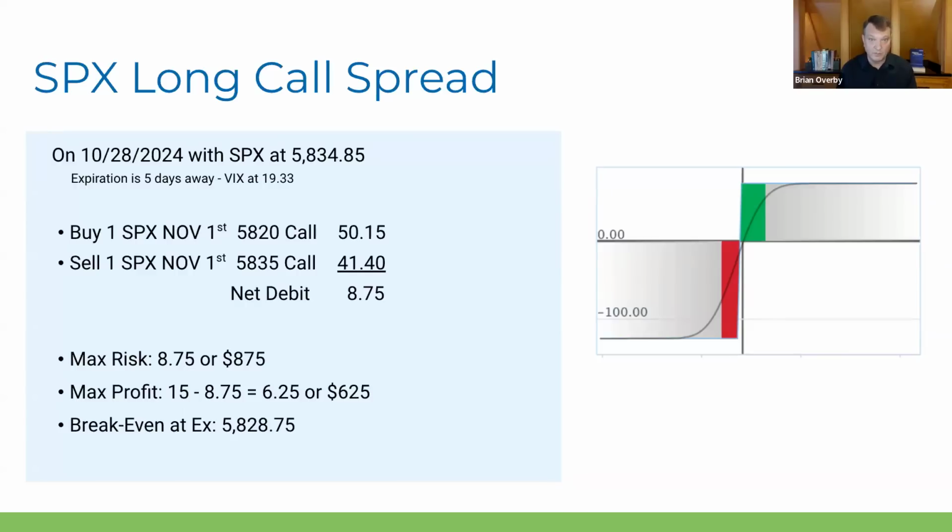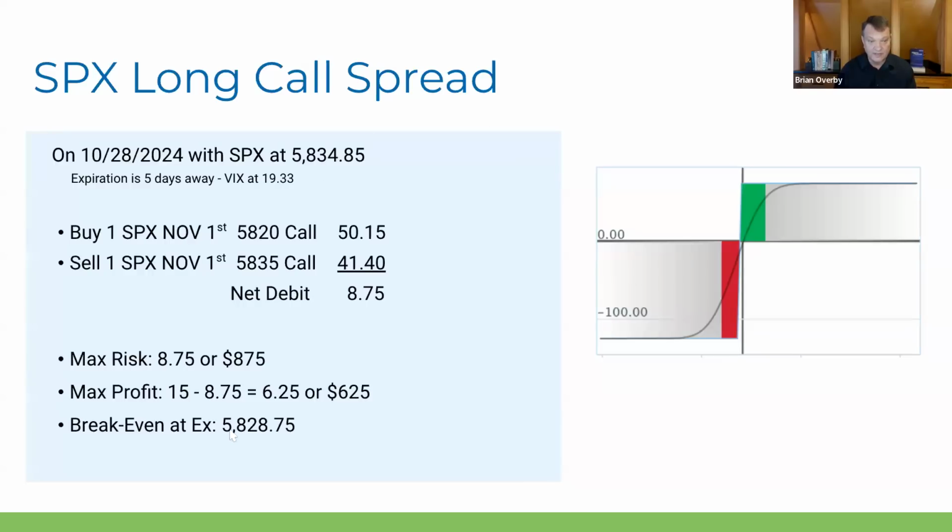But the moral to my story here is that if you pay attention to the time premium that you're buying versus the time premium that you're selling, you can pay a net debit for a spread that actually has positive time decay on that trade. So the market's at 58.34.